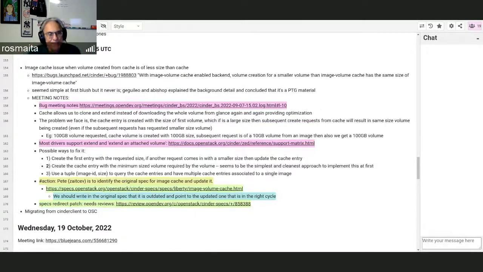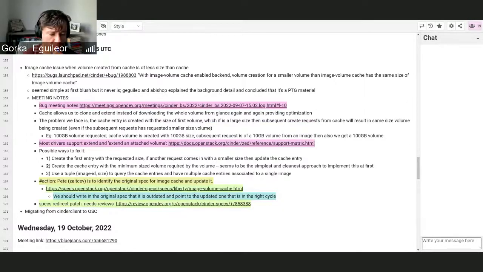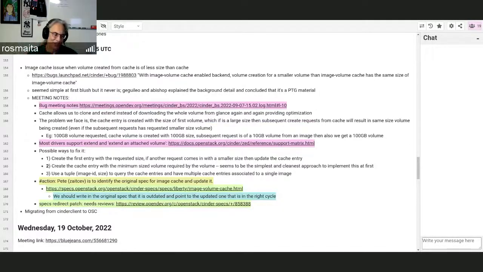So I'm inclined to say we leave a note on the spec saying it's been revised to reflect bug fixes, and then just make the change on the spec so it's accurate. If somebody really needs to see what used to be there, they would know to go look at the Git history and find the old version.